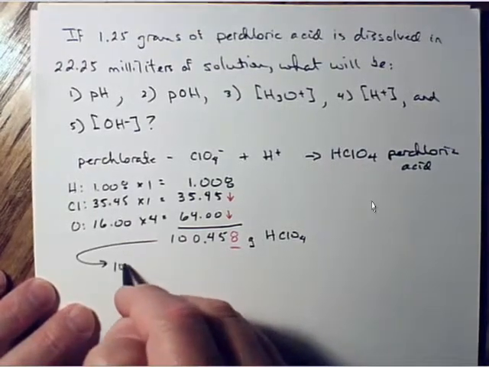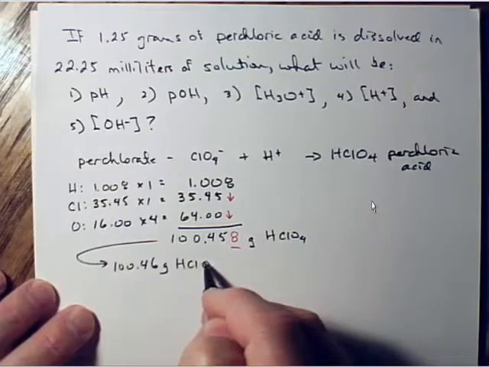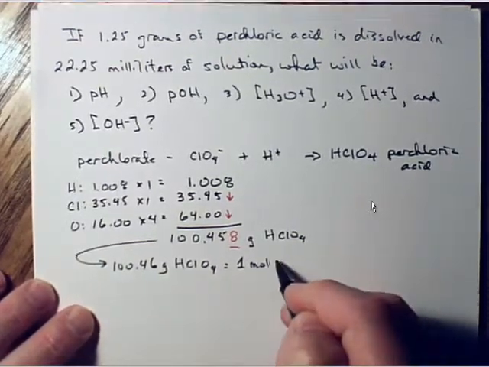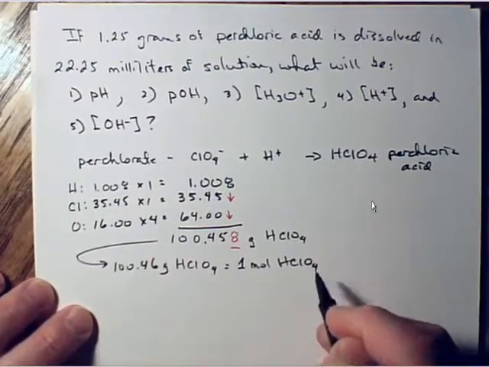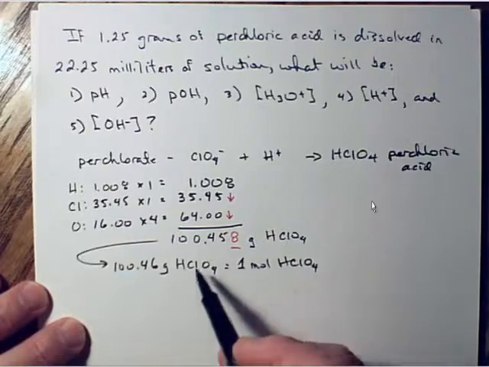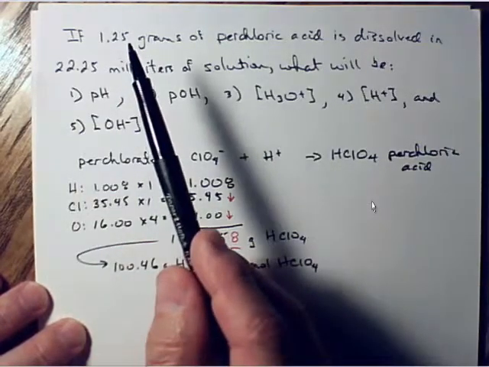We're going to round it off to 100.46 grams of perchloric acid and show that equal to 1 mole of perchloric acid. Okay? All right. This is going to give us a conversion unit to convert this into moles.